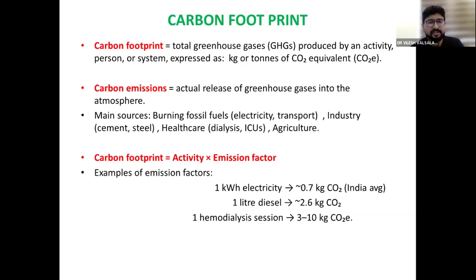The main sources come from burning fossil fuels like electricity, transport, industry like cement and steel, healthcare like dialysis, ICUs, surgeries, and agriculture. So it is coming from all around us. A carbon footprint therefore means the activity multiplied by the emission factor.